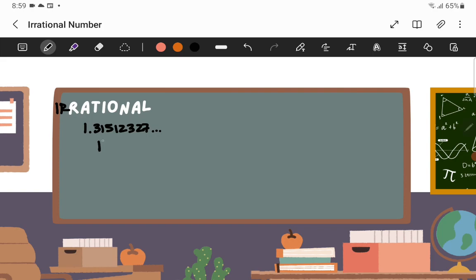The value of pi is irrational because the result is like 3.141, and so on. A non-terminated and non-recurring decimal. The other one will be like this, using the root sign. The fifth root of 7, the cube root of 5, the square root of 2.